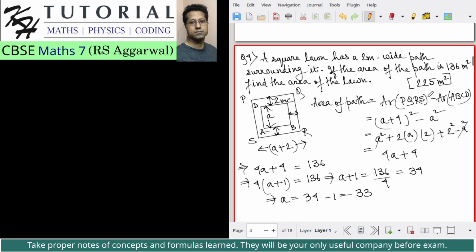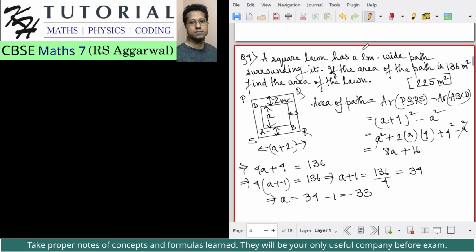So we have a plus 4 whole square, which is, this will be 4. Also this will be 4. So this becomes 8a plus 16.